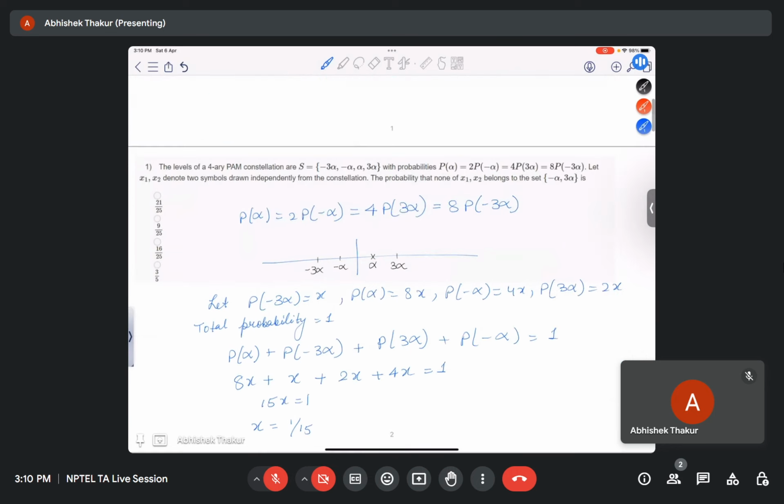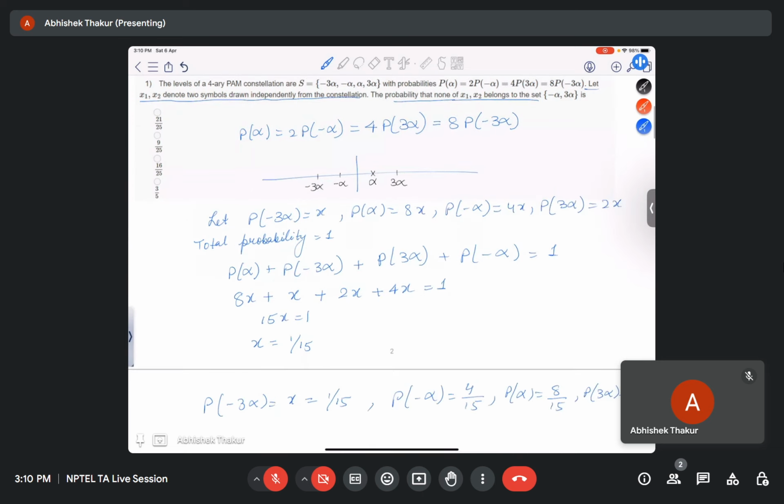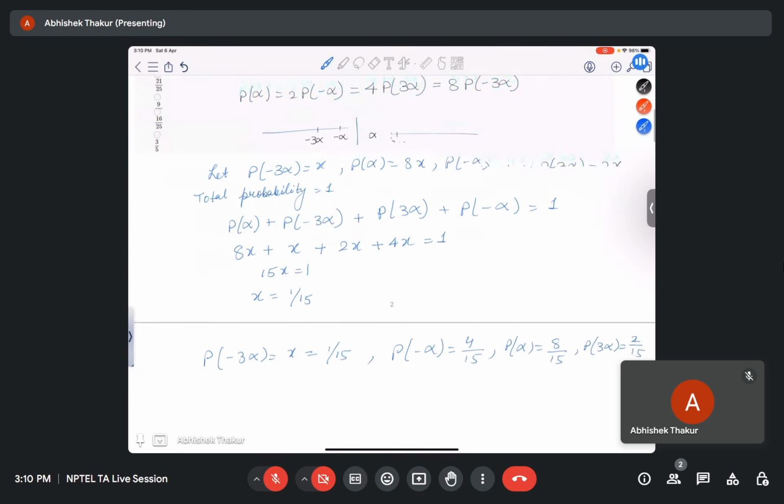So in this question, it is asking: let x1, x2 denote two symbols drawn independently from the constellation. The probability that none of x1, x2 symbols belong to the set minus alpha, comma 3 alpha.